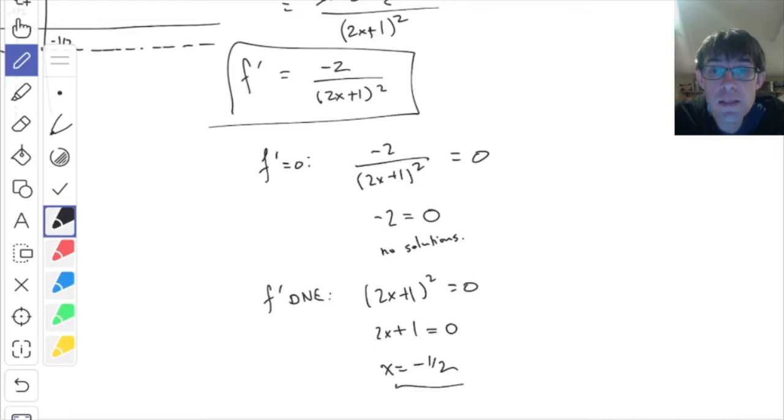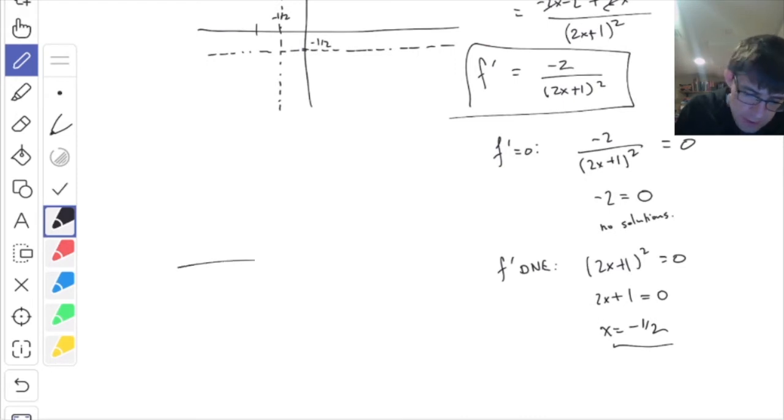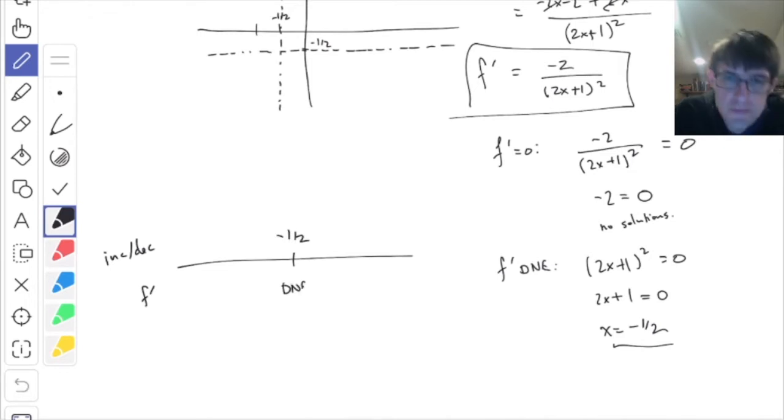Okay, let's make our chart with the increasing and decreasing, and then I think we'll be ready to draw the graph. So I'm going to make a little increasing, decreasing chart using the first derivative, of course. The only critical number we have is negative a half, and this is where the derivative does not exist. So I'm going to plug points in, a point to the left and a point to the right of negative a half, and see what the sign is. Actually, in this example, it's easy enough to just look at this.